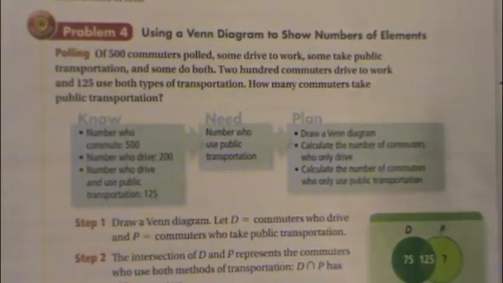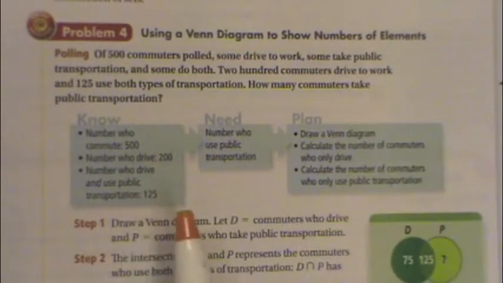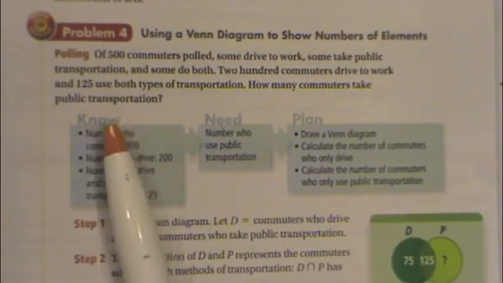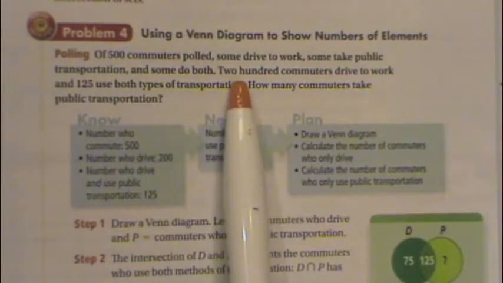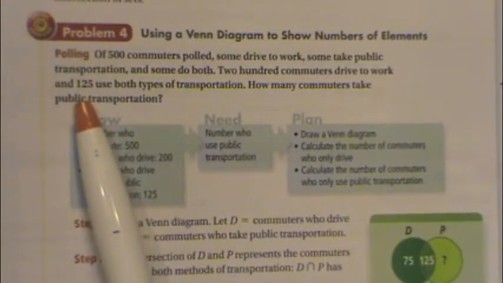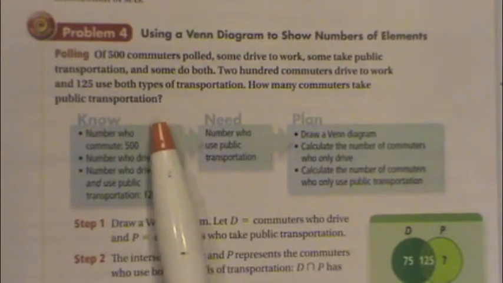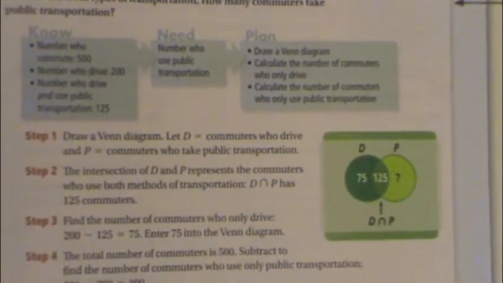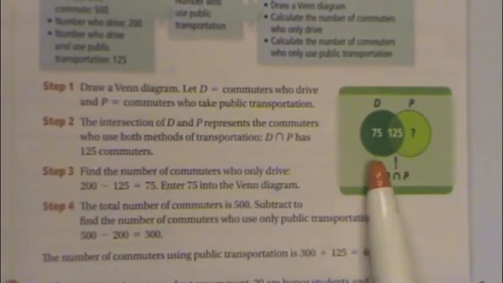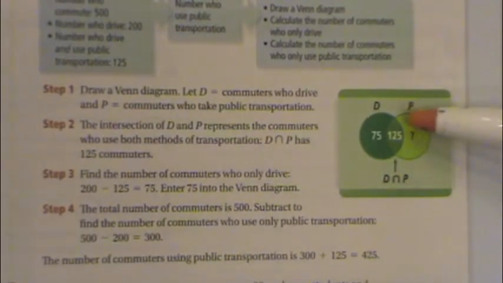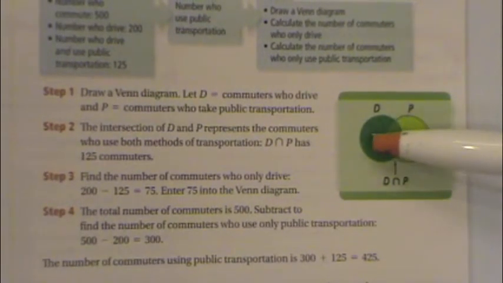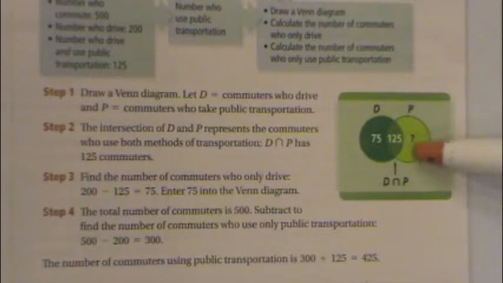So problem 4 shows us we've got 500 commuters, 200 drive, 125 both drive and use public transportation. How many commuters take public transportation? So they are using this kind of math to solve this problem. You know that you have 125 that do both drive and take public transportation.